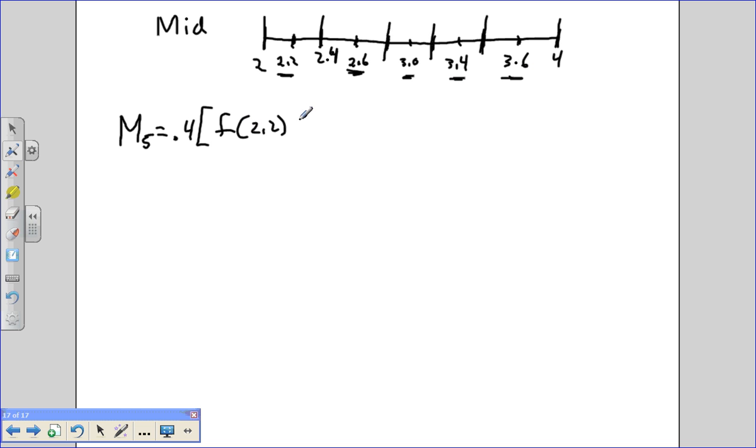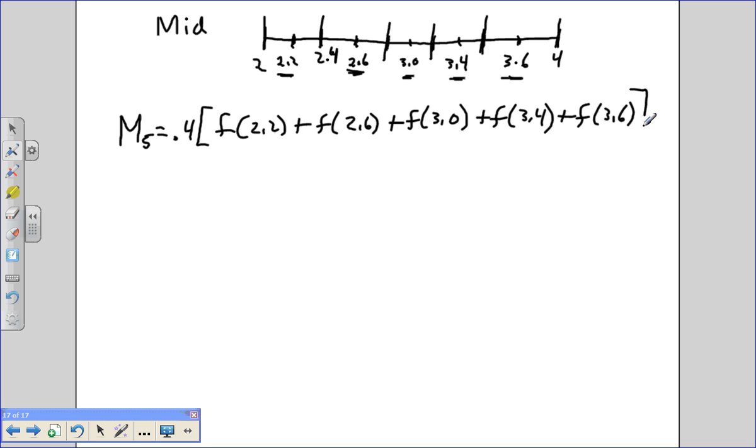F of 2.2, f of 2.6, f of 3.0, f of 3.4, and f of 3.6. If you're wondering if you've added too much or not enough, you can just count them up and you should have exactly 5 pieces: 1, 2, 3, 4, 5.